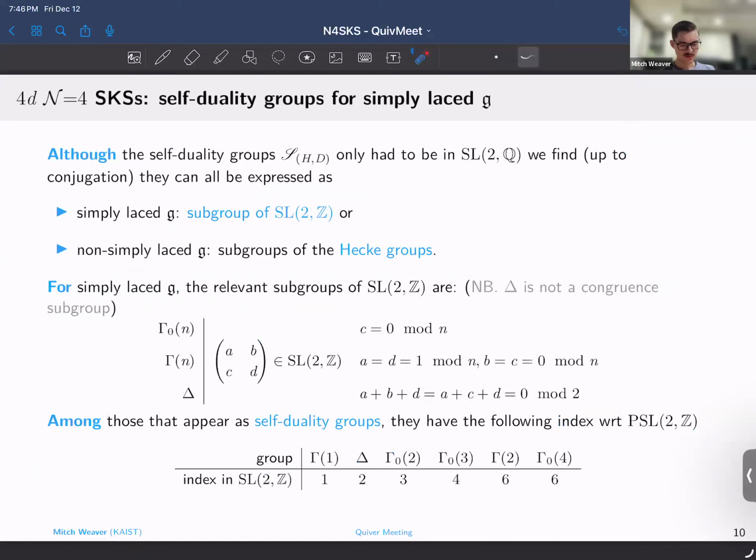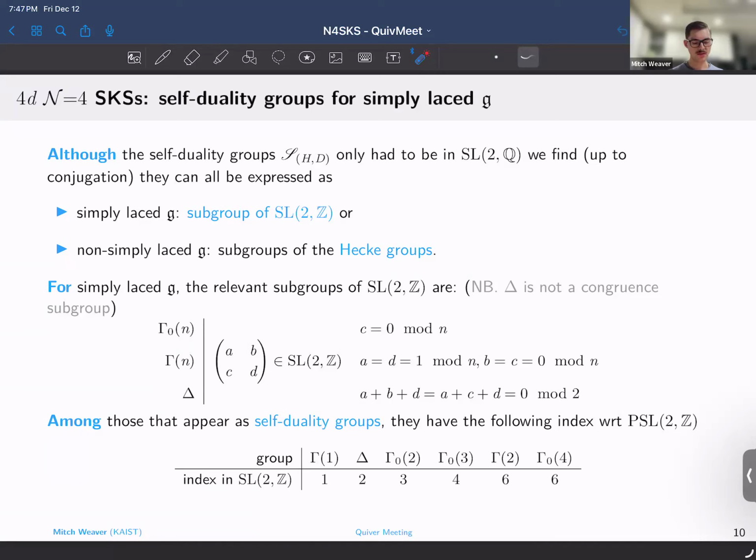So these self-duality groups, I didn't give them a name on the last slide, and sorry again, this should be L. Oh man, this is full of typos here. But these self-duality groups only had to be valued in, well, actually SL2Q, even though generically they could be in SL2R.